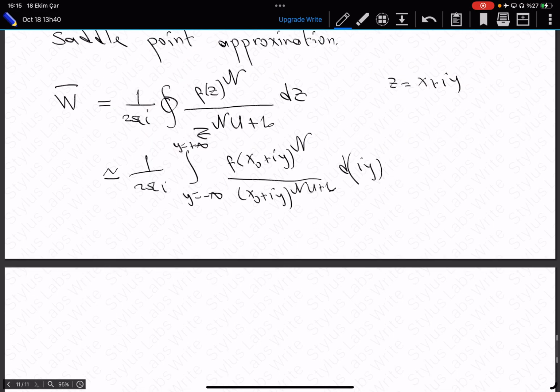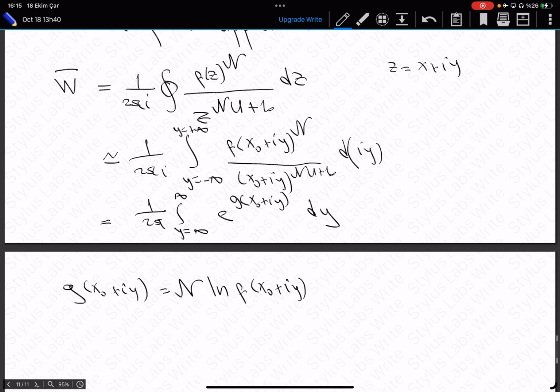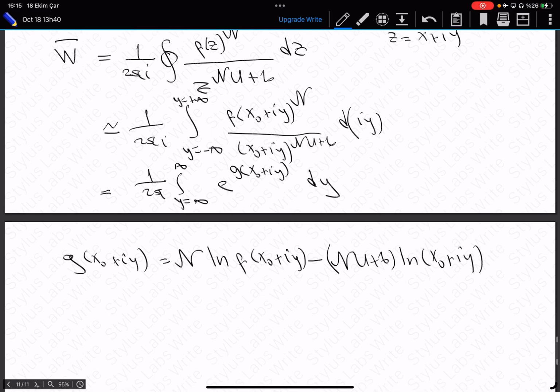Now let me again write my integral as a logarithm. So let me write this as 1 over 2 pi, integral from y equals minus infinity to plus infinity, e to the power g of x0 plus iy, dy. This is what I'm trying to evaluate, where g of x0 plus iy is equal to N logarithm of f of x0 plus iy, minus nu plus 1 times logarithm of x0 plus iy.